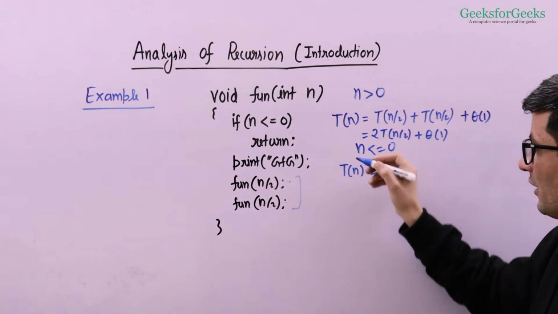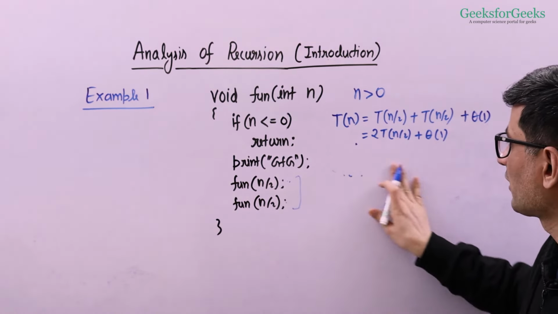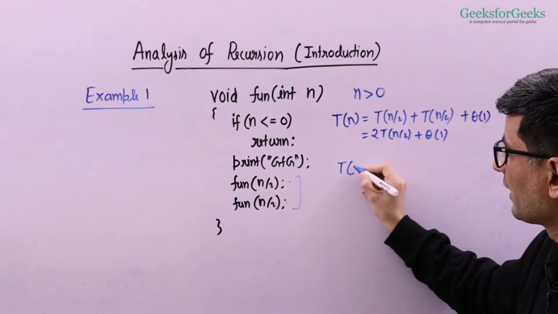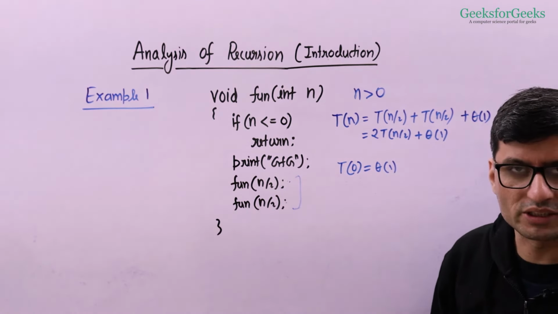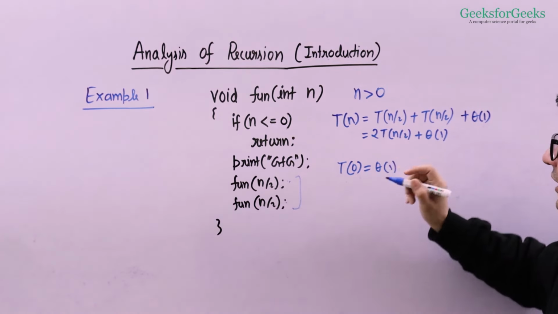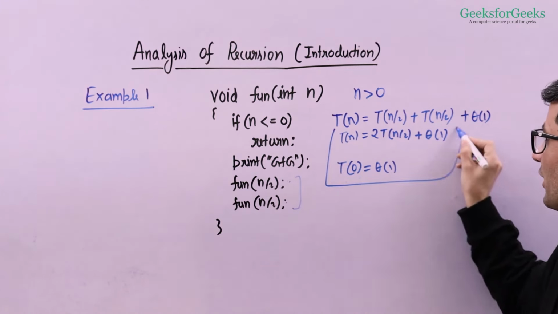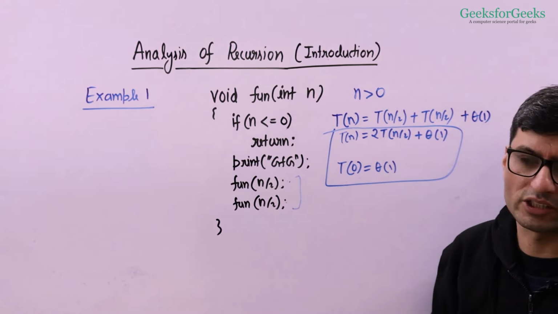And if n is to be considered as a positive value, then you can simply write that it's going to reach ultimately the value 0, and T(0) is theta 1. That's our corner case or base case to solve the problem when n is greater than 0. So this is how we write the recurrence relation. This is our recurrence relation. This is our base case for recurrence relation. In the next video, we'll discuss how we solve these recurrence relations.